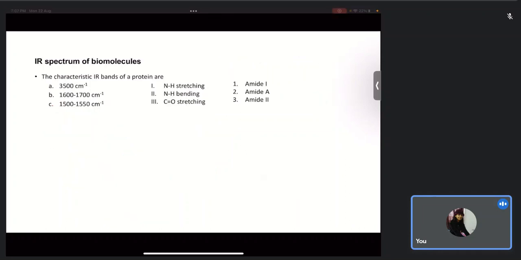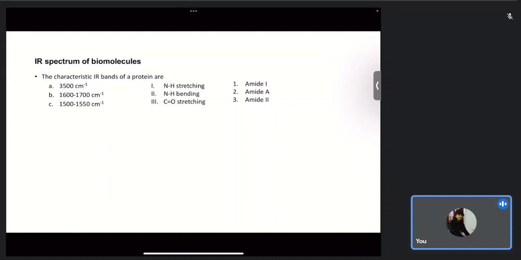Let me just quickly explain the one last question about the IR spectrum of biomolecules. We have been introduced to various IR specific bands in protein.